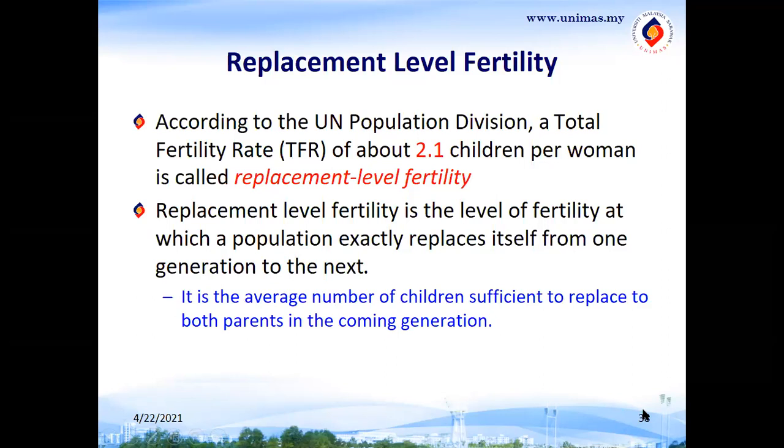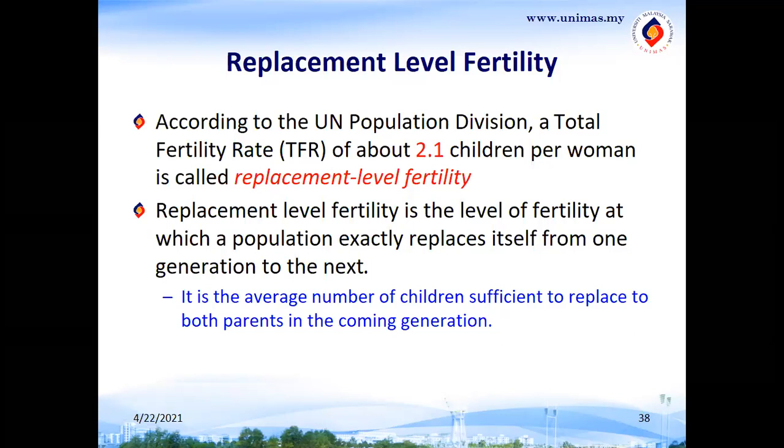Right. So it is the average number of children good enough ataupun sufficient enough to replace the parents tadi. Remember, in having children, you need parents kan, husband and wife, 2 orang. Jadi to replace the parents, both parents, your mother and your father, for example, so you should have brothers and sisters, kurang-kurangnya 2 orang, ya, ataupun sisters or brothers, whatever.